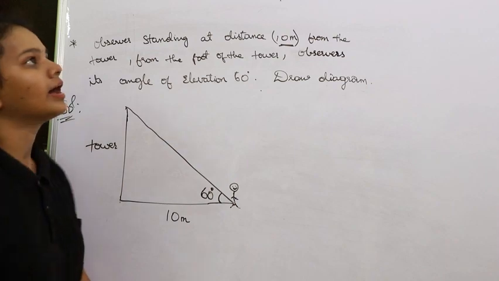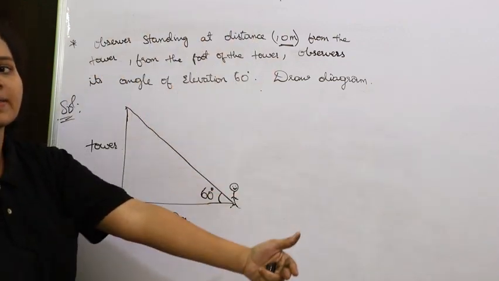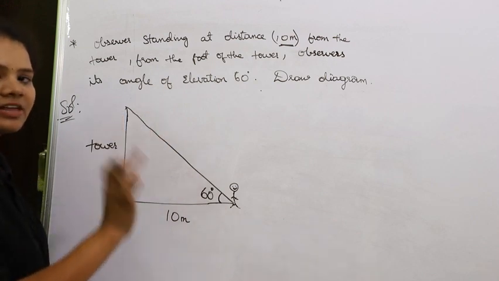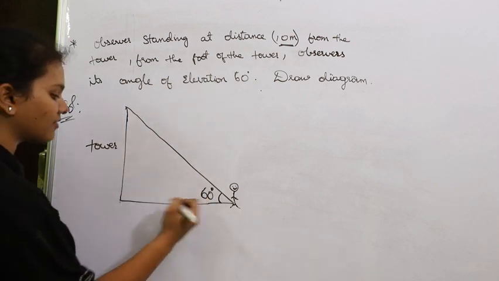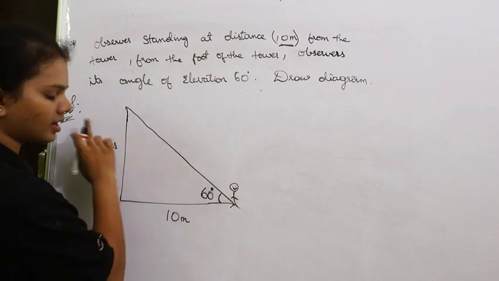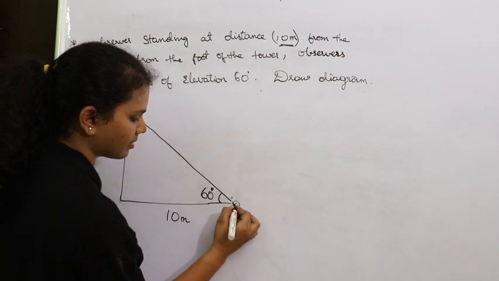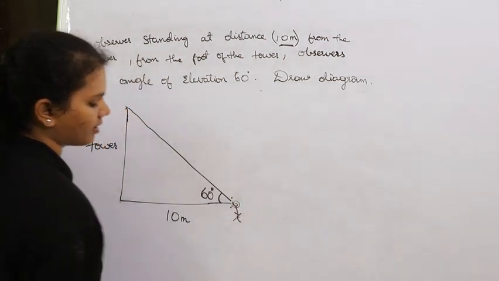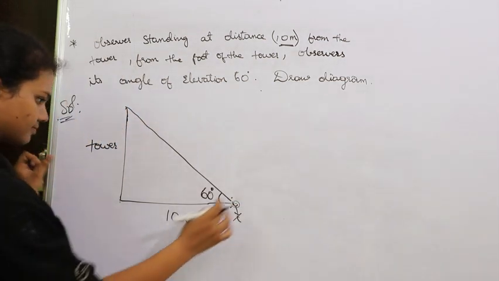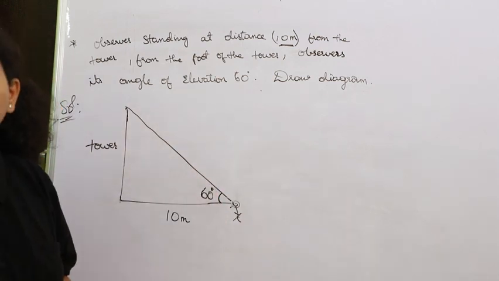He is observing right over there. This angle of elevation formed between the foot of the tower and the top is 60 degrees. So this is the suitable diagram for this given question.